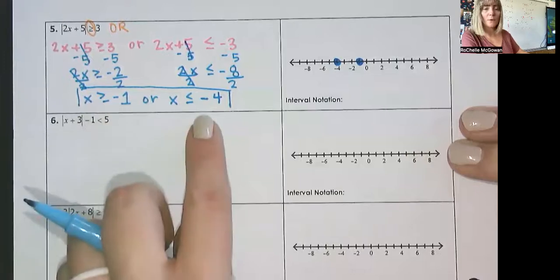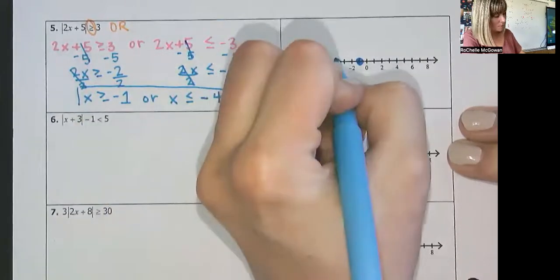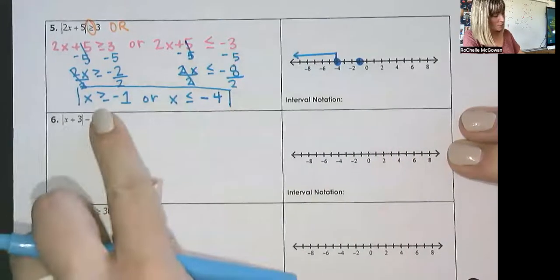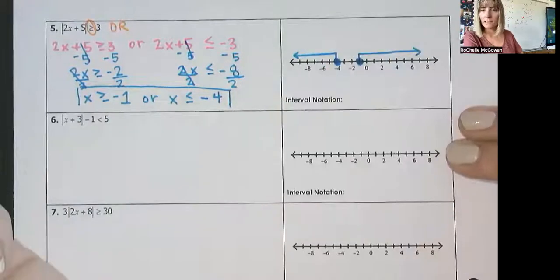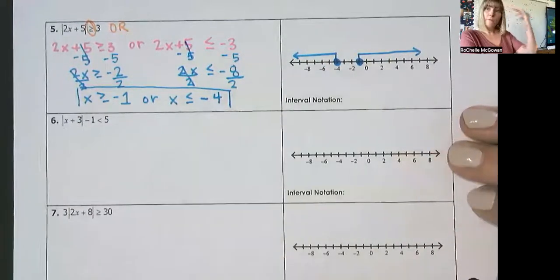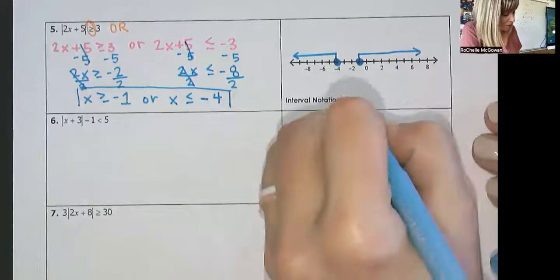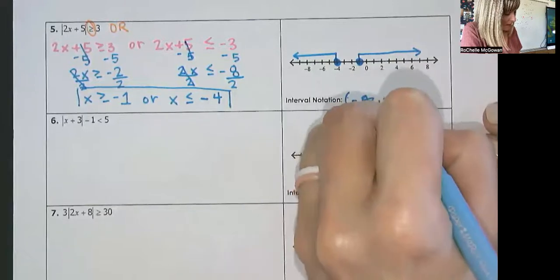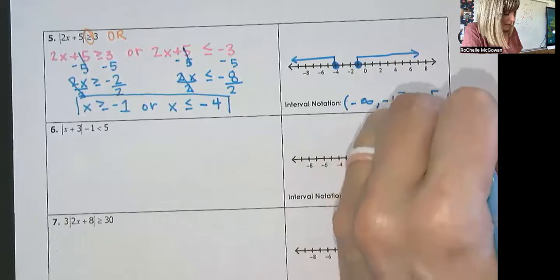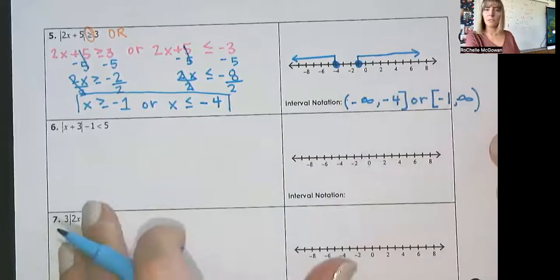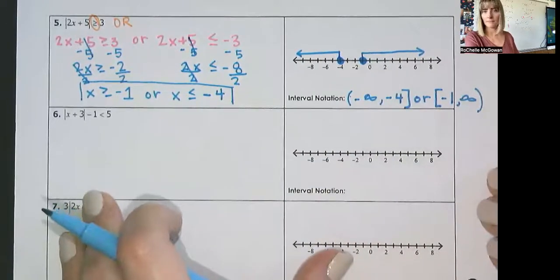So when I look at this, I'm like, oh yeah, less than to the left, greater than to the right. And it does look like the or statement is supposed to look. Phew. Now my interval notation, -infinity up to -4, or I never have enough room in that spot for my interval notation, but there it is.